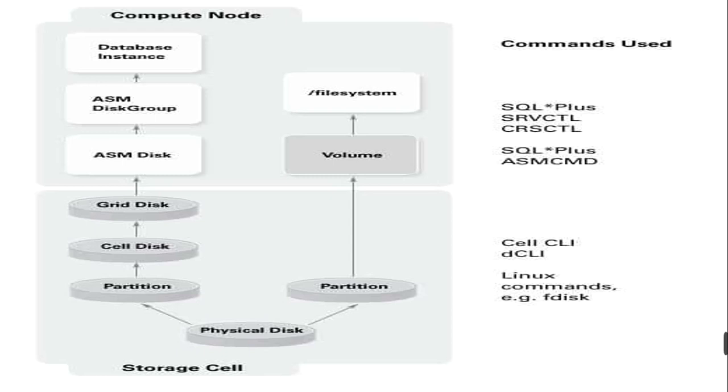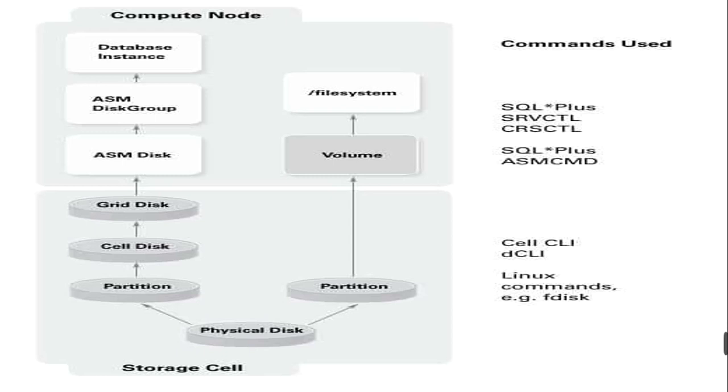So this is a pictorial diagram describing the command line usage on a compute node and the commands used. On the compute node, the database instance is running, and you can see the file system, volume and partition, with commands used like SQL*Plus, SRVCTL, CRSCTL, ASMCMD, CellCLI, DCLI, and Linux commands like fdisk. So in the database machine: ASM disk group, ASM disk. This is what you can use on the database compute node.